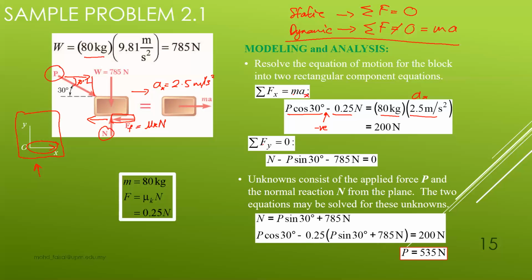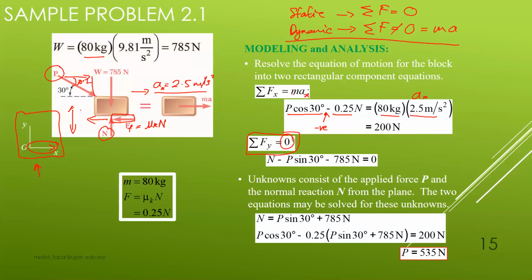Then we solve for F_y. Why is F_y equal to 0? Because in the y-axis, by logic, it is already mentioned that this block is going to move to the right with this acceleration, and there is no motion in the y-axis.